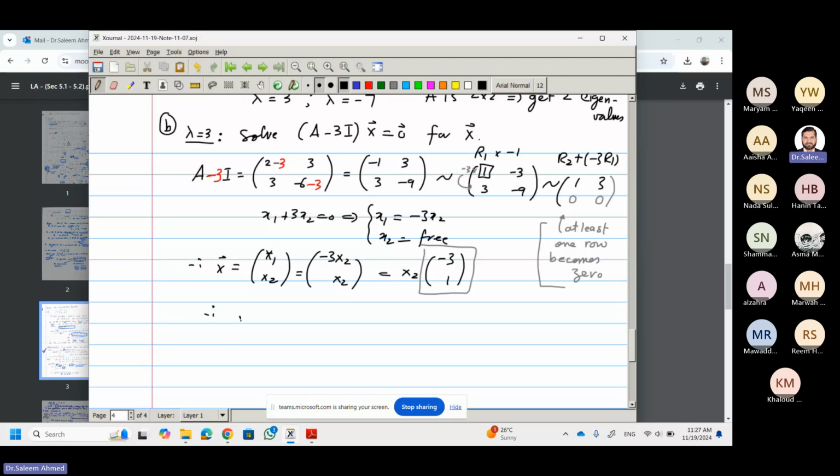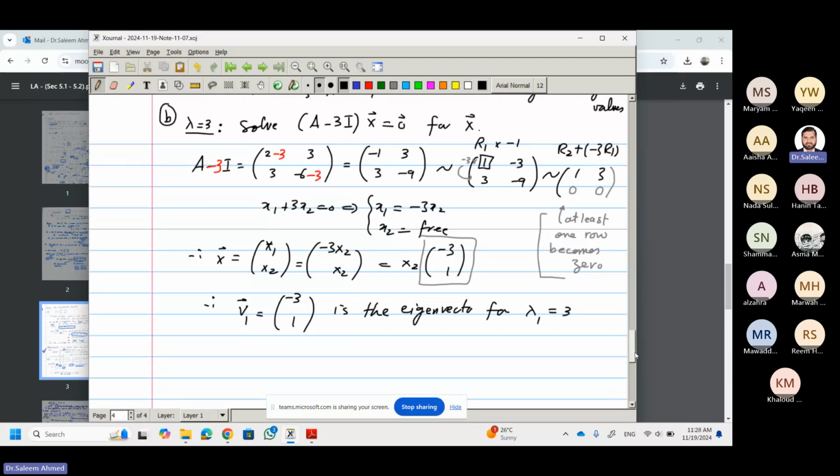So v1, the first eigenvector, which is minus 3, 1, is the eigenvector for lambda equal to 3. So I called it lambda 1, and v1 is one eigenvector.